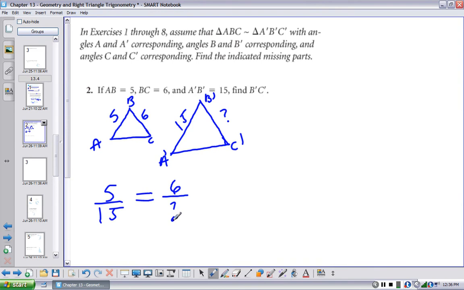Okay, and you can call it x if you want to. If we solve this, we have 5. Let's call this our b prime c prime. Question mark may be awkward for us. So when I cross multiply, I have 5 times b prime c prime equals 6 times 15.